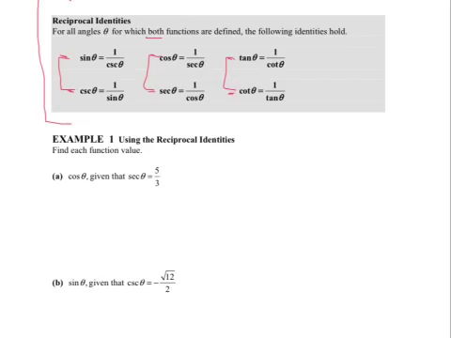So what we're trying to find is the cosine. And so I know that cosine right here is 1 over secant. So I can say cosine of theta equals 1 over secant of theta, which is 1 over 5/3.